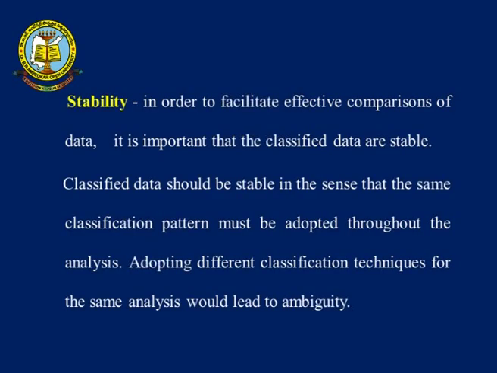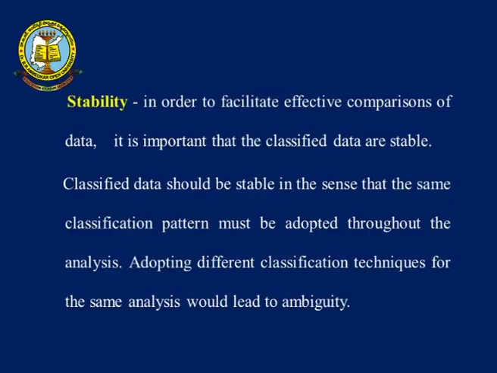Then the third rule is stability. What is the meaning of stability? In order to facilitate effective comparison of data, it is important that classified data are stable. Classified data should be stable in the sense that the same classification pattern must be adopted throughout the analysis.